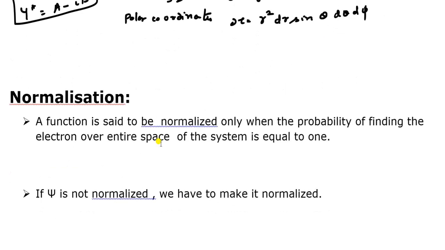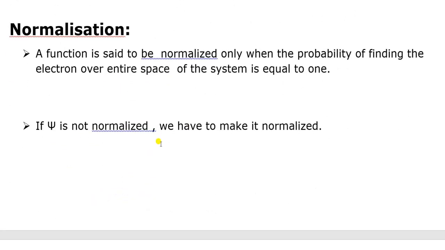The next topic is normalization. A wave function used in quantum mechanics should be normalized. A function is said to be normalized when the probability of finding the electron over the required space of the system is equal to 1.